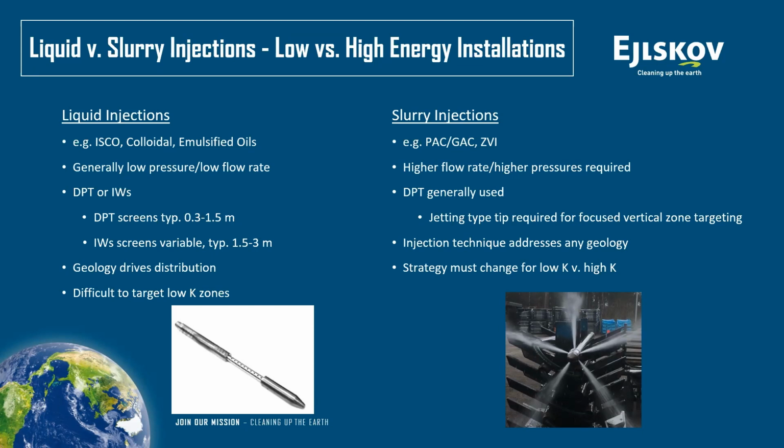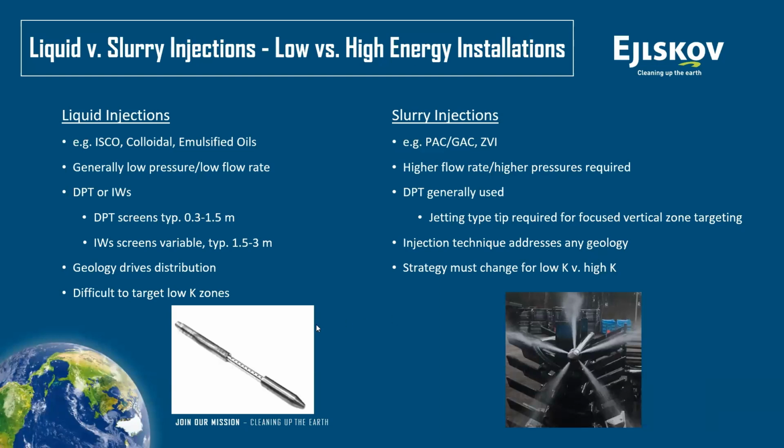The smaller, the better if you are going to use that application technique. But when it comes to slurries, you really are limited to DPT and DPT jet injection that you see in the picture on the lower right. Again, it's just like a pressure washer. We're trying to force that slurry into layers in the subsurface.